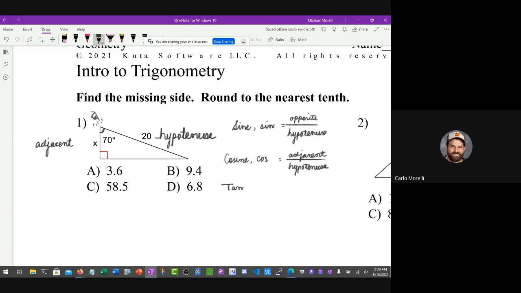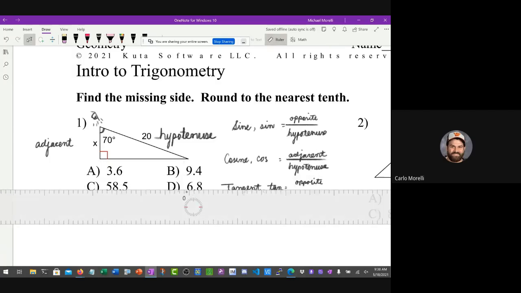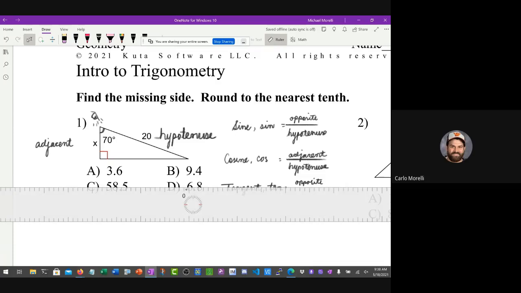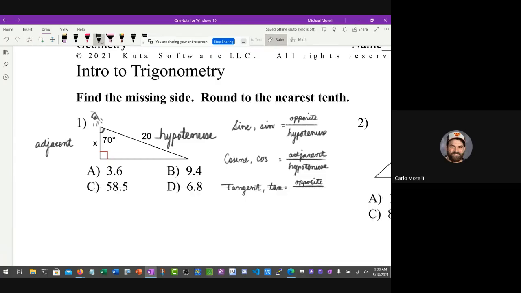That's TANGENT, abbreviated TAN. And that's equal to opposite over adjacent. So in situations where you're not given the hypotenuse at all, you use the tangent function.